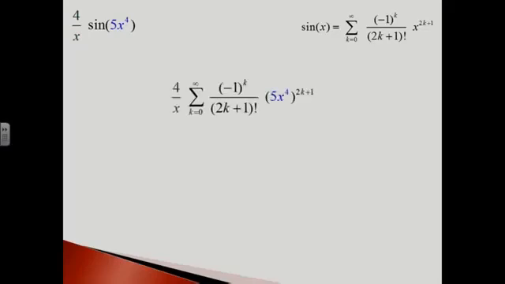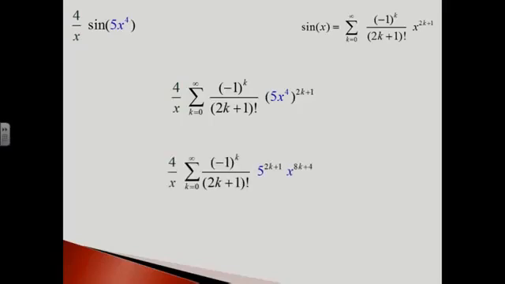Therefore, by replacing x by 5x to the power of 4, we obtain 4 divided by x multiplied by sigma of minus 1 to the power of k divided by 2k plus 1 factorial multiplied by 5x to the 4th to the power of 2k plus 1.